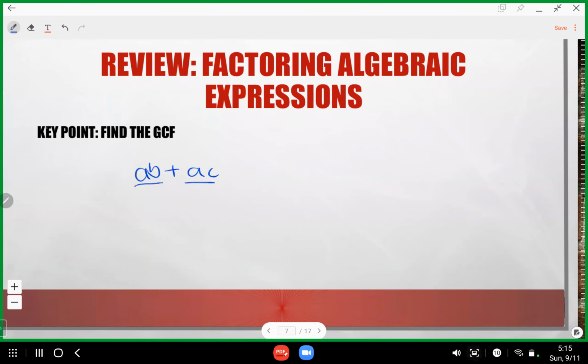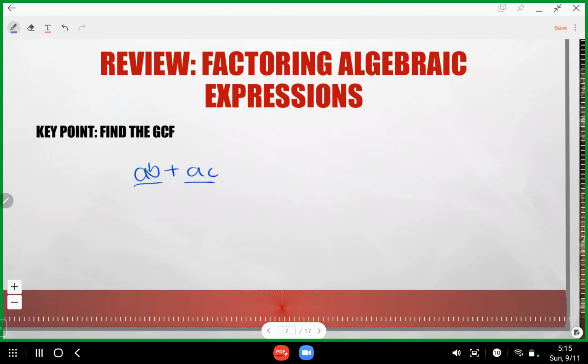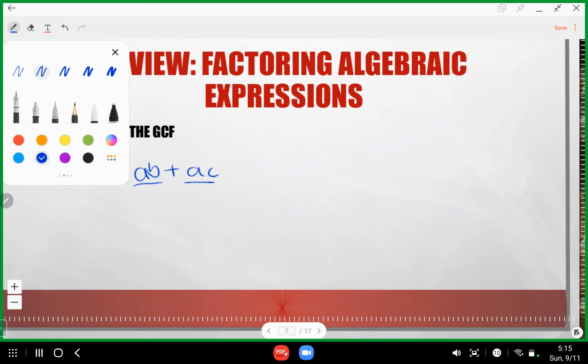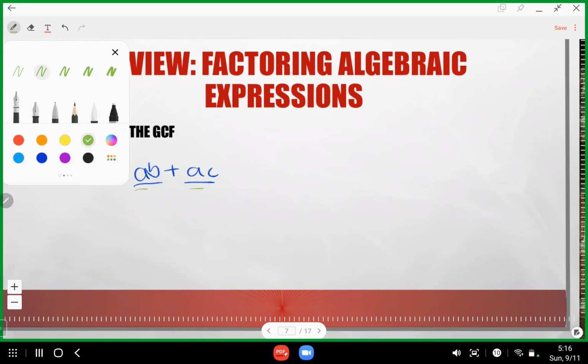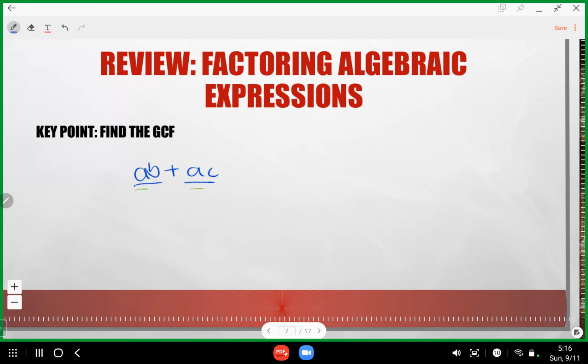Let's look at each of the factors of these individual terms, because they're just multiplied together. So let's look at the A terms. How many A's can you take out from both these objects? You can take out one A, right? So we just take out that and write what's left in the parentheses, right? And if you want to check, you can multiply it back, and that's just the distributive property. All right.